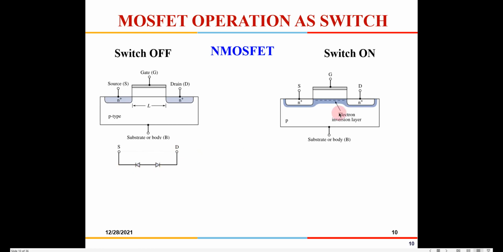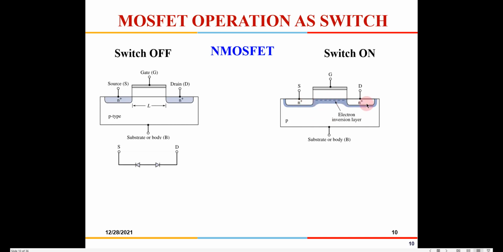Okay, now if you want to switch on, you can give a power supply to the gate. When you give a positive supply to the gate, it will first push all the positive carriers of the channel to the bottom, and then whatever free electrons are available because of thermal excitation will be pulled towards the gate, and hence a channel will be formed.